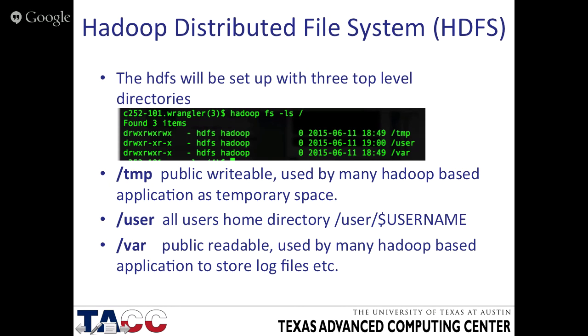If you do this command, you will see at a high level what the HDFS file system looks like. There are 3 high-level directories. The /tmp is publicly writable and publicly accessible. Not only can you use it, but most of the time a lot of Hadoop-based applications will use it to write intermediate files.